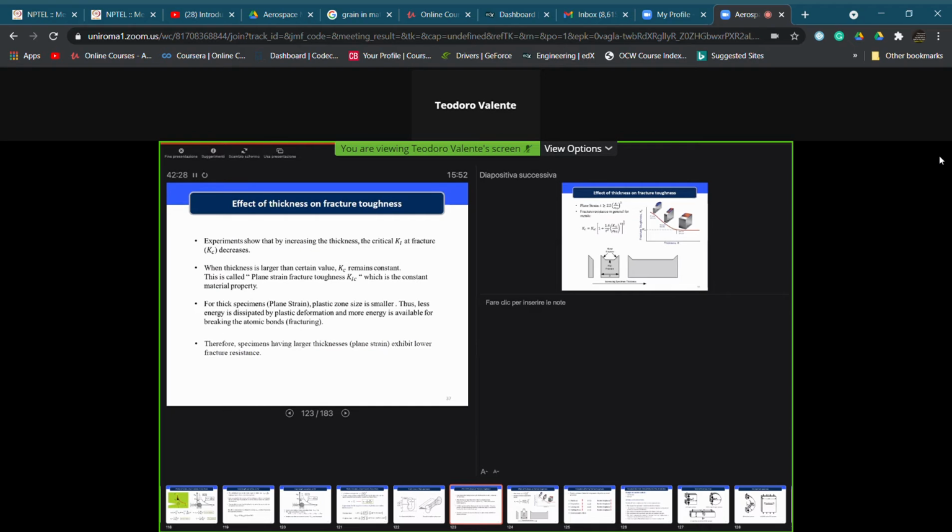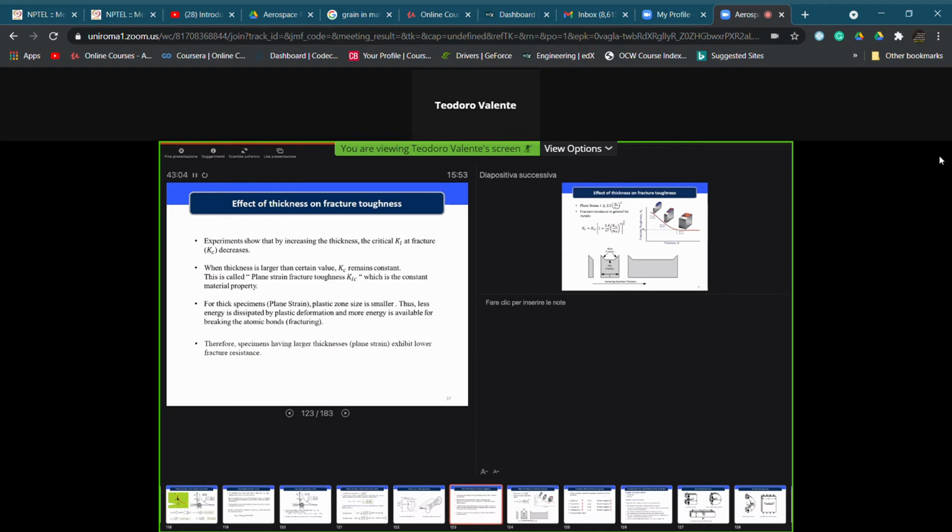When the thickness is larger than a specific value, instead, the critical value of the stress intensity factor does not change. When it remains constant, so when it becomes independent of the thickness of the specimen, it is called the plane strain fracture toughness, which is the value that we usually use, constant and a material property.